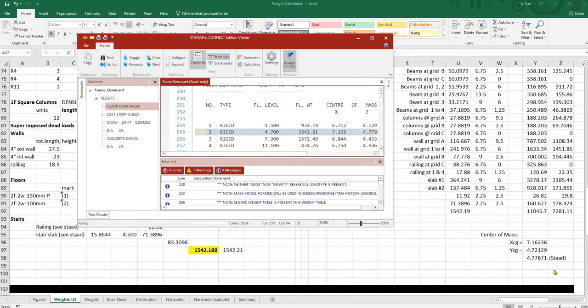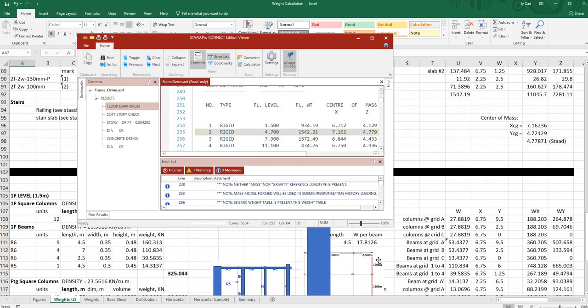The floor weight is 1542.188 dito sa ating mano-mano. Kay stud, 1542.21. So, very small lang ang kanilang difference. The center of mass, the x-coordinate is 7.162. So, parehas sila. The z-coordinate, 4.779. Dito naman, sa center of mass ng mano-mano, 4.77871. So, halos parehas sila.